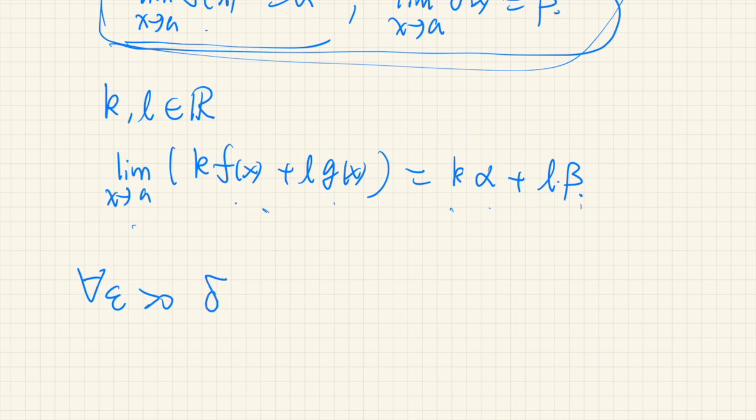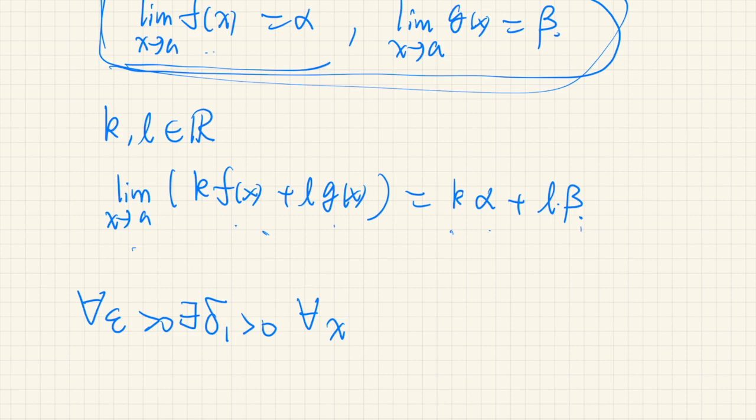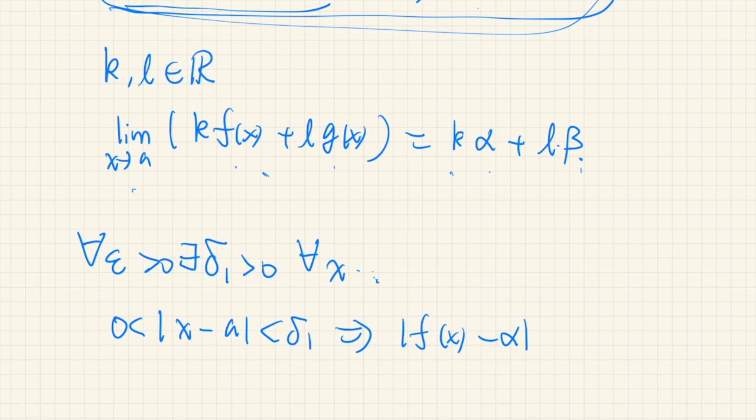There exists, let's say, delta 1, such that for all x, and we implicitly assume some overlapping domain for f and g, if x minus a is between 0 and delta 1, then the difference between f of x and alpha is less than epsilon.